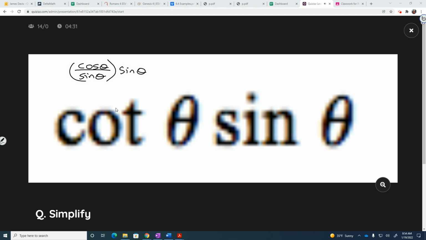Cotangent is cosine over sine. Then you should get a nice cancellation, and then whatever you're left with. See, the sine, since they're opposites, this would be the same thing as sine over 1, that cancels each other, leaving cosine.